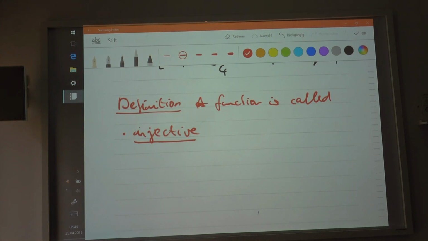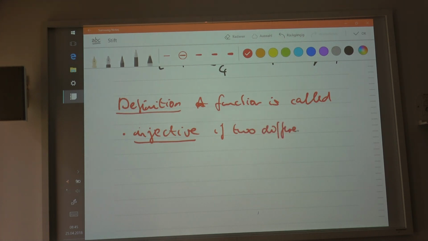The function is called injective if two different arguments always have two different images. Let me write it down here so you see better. Arguments always have two different images.